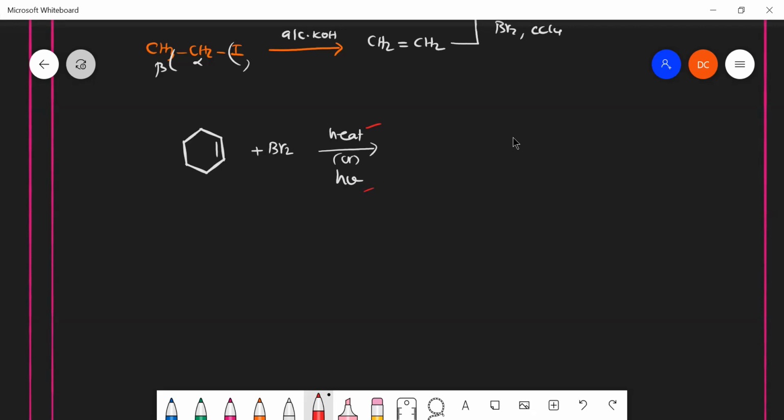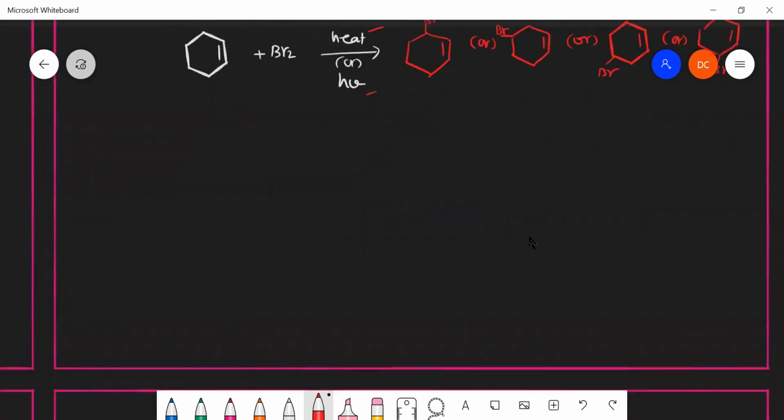It always produces a monohalogenated product. So Br can be substituted either here, here, or here. Except for the double-bonded positions, all the positions are possible. You can give these kinds of possibilities.